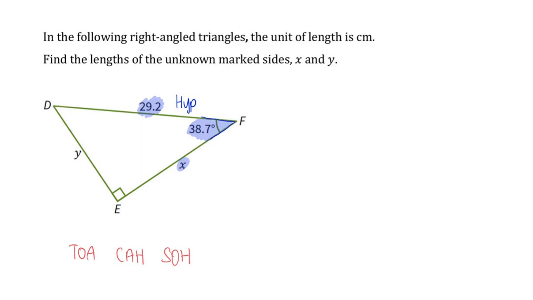Hypo and adjacent side make the angle that we are looking at, in this case 38.7 degrees. And so with A and H, which of the following trigonometric ratios should I use? Yes, cosine. So cosine 38.7 degrees is equal to my A, which is x, divided by my H, hypo, 29.2.